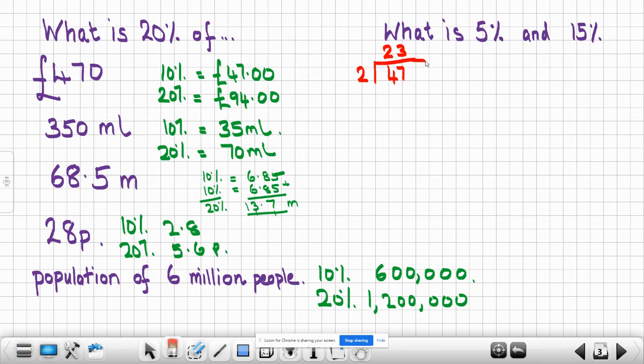And again, if you're not sure about this, you might want to watch a video on it. But because we've got that 1 remainder, we need to do something with it. So we're going to put a decimal point and a 0 there, because putting a 0 after that 47 with a decimal point in between is not changing the value. But we can then put the 1 remainder next to it and say 2's into 10 goes 5. So 5% would be £23.50.